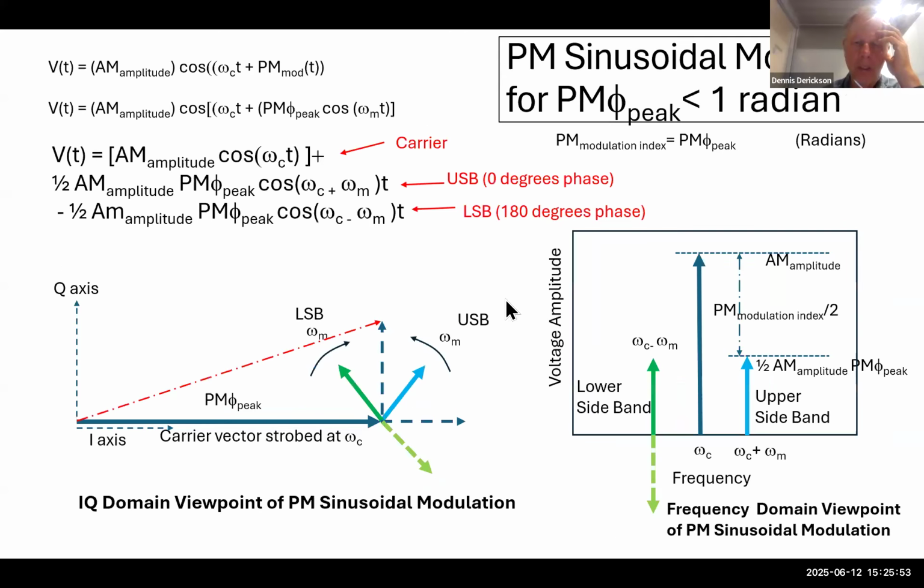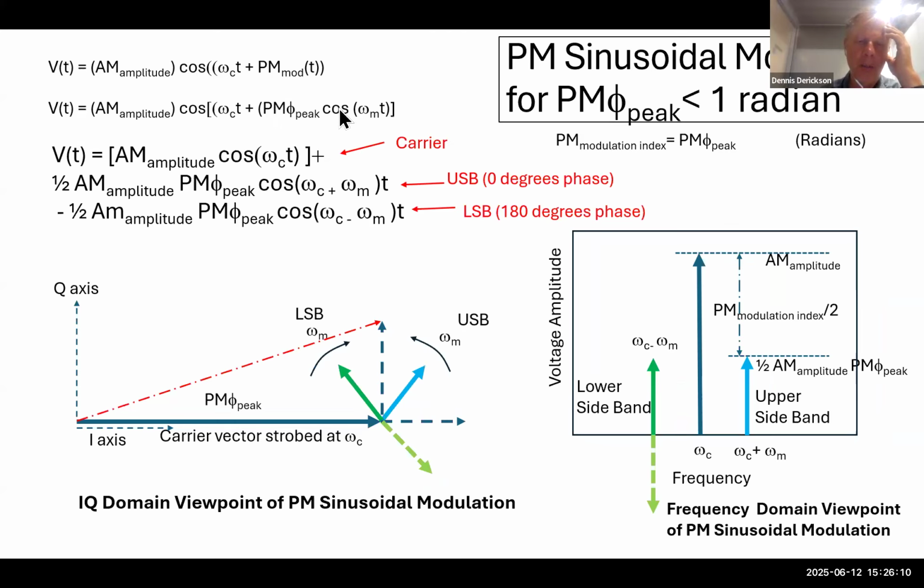Looking at phase modulation, we're only going to consider the case where the amount of phase modulation is small, which is what we're going to be doing when we have noise modulating the carrier. Start out with a generic waveform for a phase modulated signal.